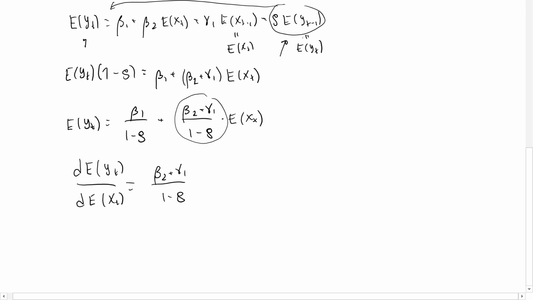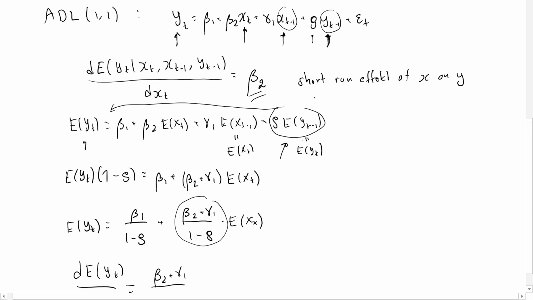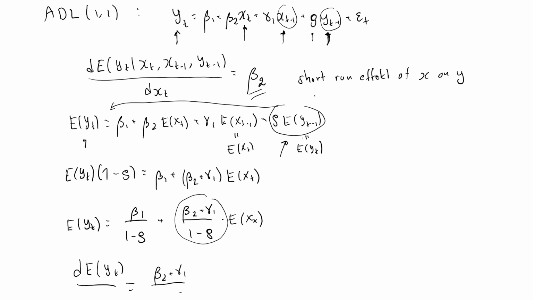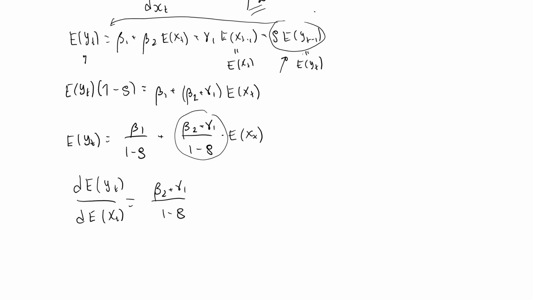And that's the important part of this model, because if I can assume that the ADL 1,1 model is a correct specification and I have data on x and y, then I can estimate all these parameters. I can estimate the beta, the gamma, and the rho, and that means that I can estimate this expression.